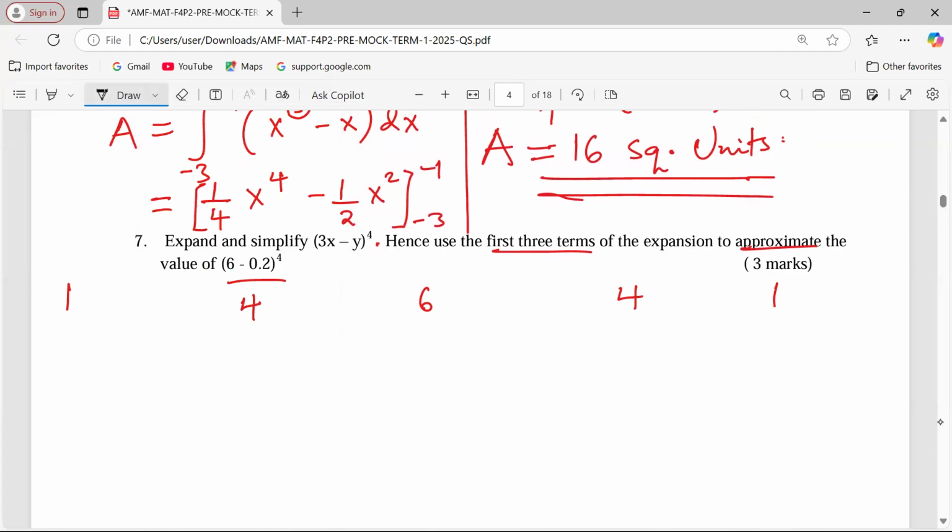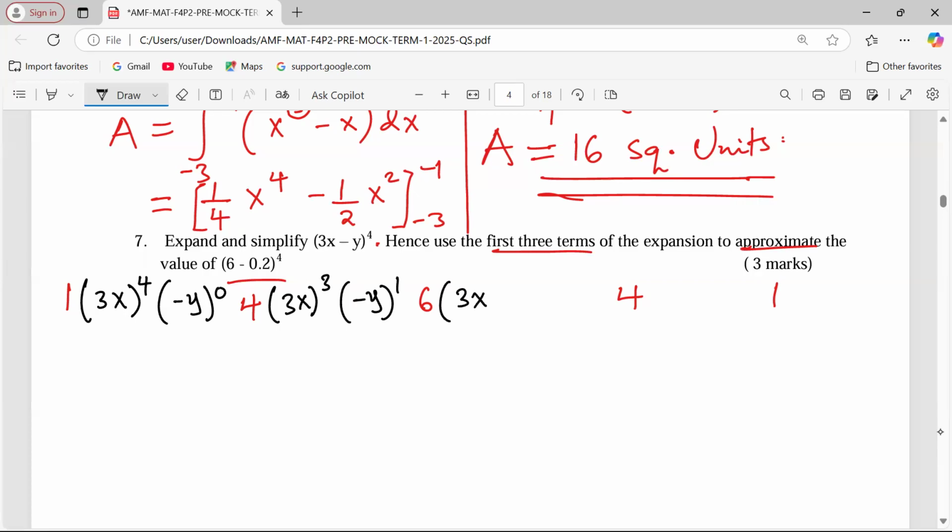Then in the first term, we will have 3x raised to the power of 4, but negative y will be raised to the power of 0. But as we continue moving along the terms, the powers of 3x will start going down, as those of negative y start ascending from 0. In the next term, we'll have 3x squared, but negative y ascends to power 2.